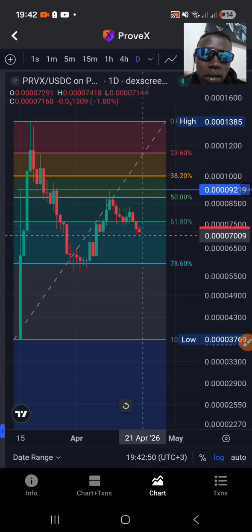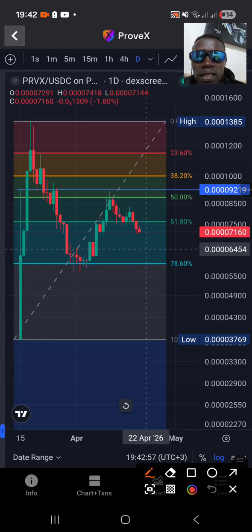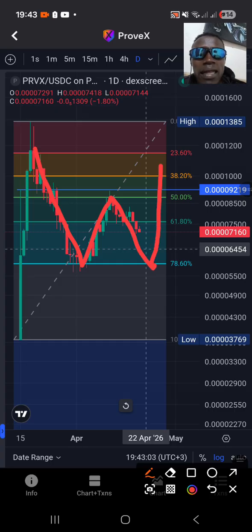Now price is making a downward move. This is actually a good signal, because after this price pump, price is going to make a W.